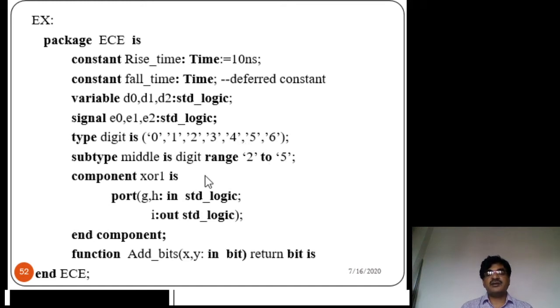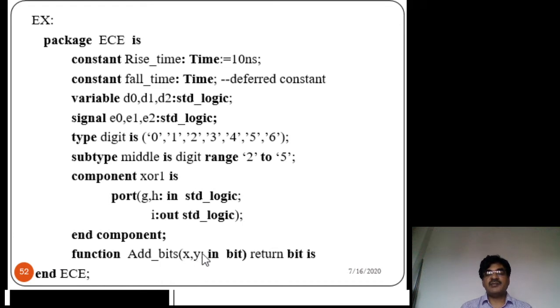Then one component declaration. Its syntax is similar to entity declaration. This is the component declaration for an XOR gate. It has 2 inputs and 1 output. Then another one is a subprogram declaration like a function: function add bits of x comma y.